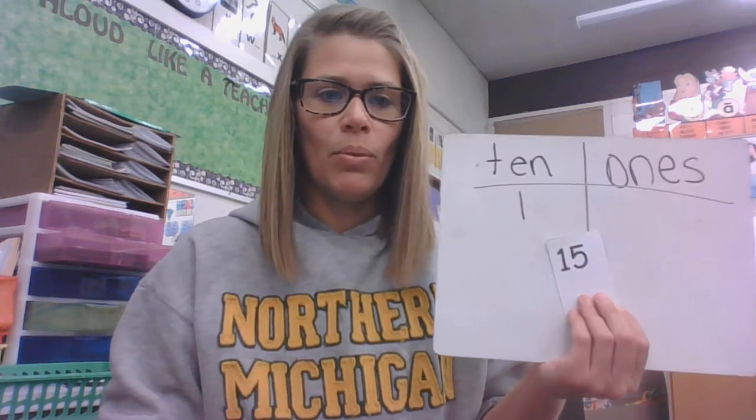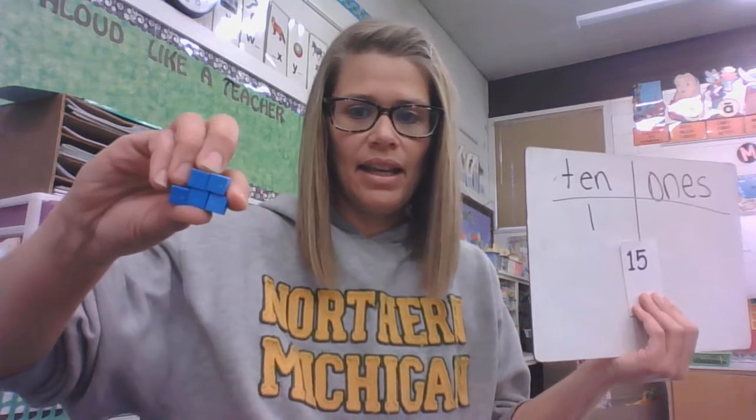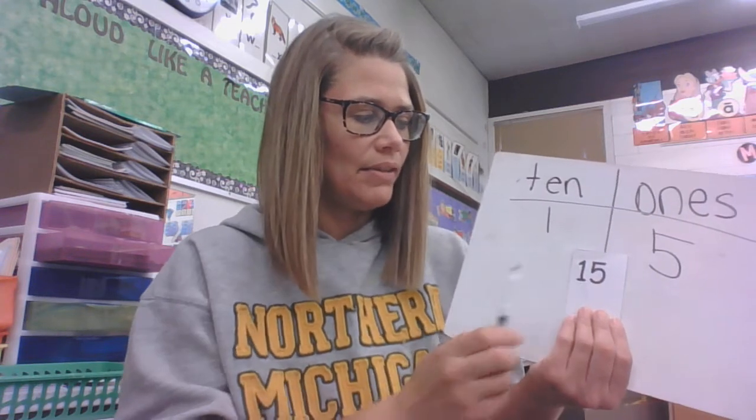So I grabbed 1 ten, and how many little ones did I grab to make the number 15? I grabbed 5 little ones to make the number 15. So in the number 15, I have 1 ten, 5 ones. To make the number 15 on my hands, 1 ten, 5 ones.